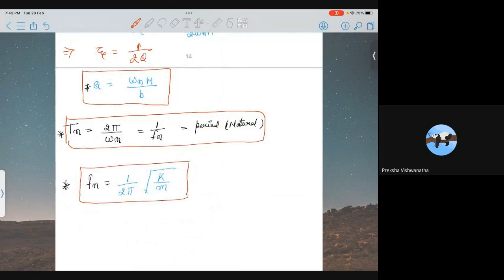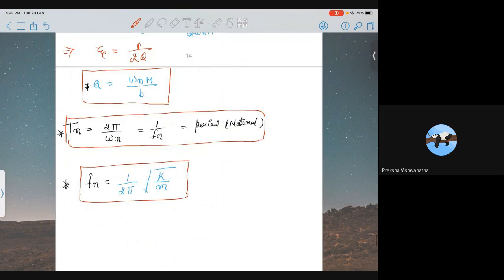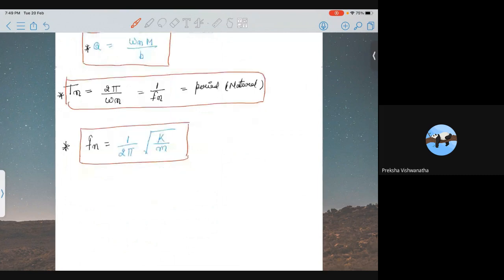This is the natural frequency fn for the system. Now we'll see some stability conditions.